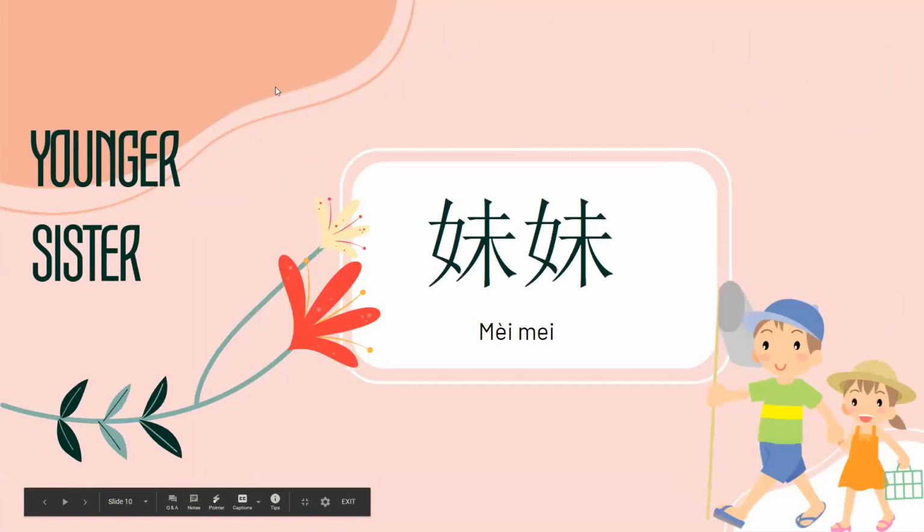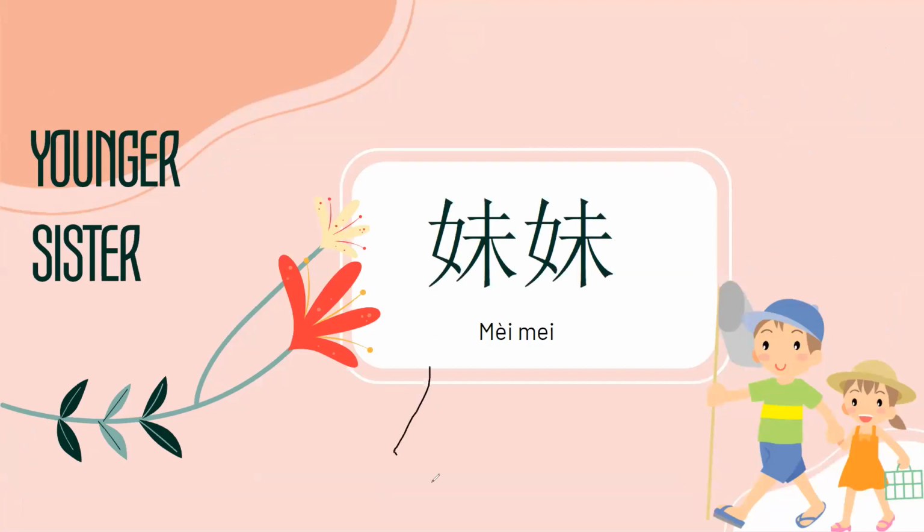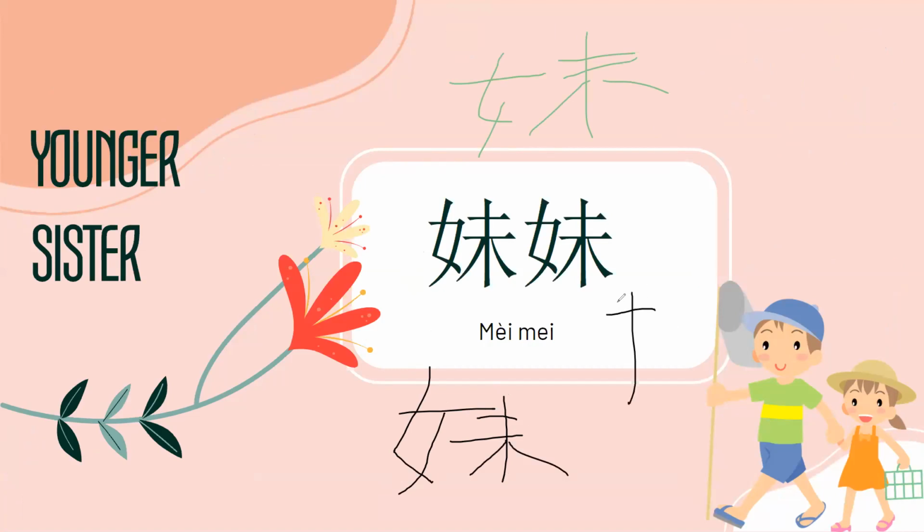We'll just write it here. So it has the female on the side again, and then here we have two lines, and then the other side is kind of like a cross with a little line on top, and then two things jutting down.